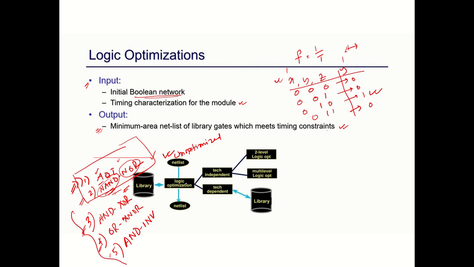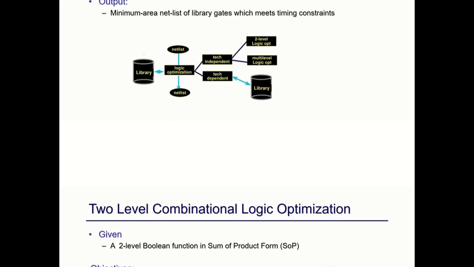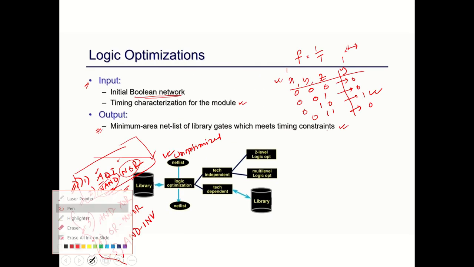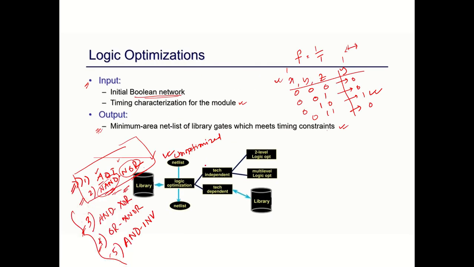So in this case, when we discuss logic optimization, I have already discussed that it is technology independent and technology dependent. In the technology independent method, we will discuss two level optimization and multi-level optimization. When we discuss technology dependent, we will go with the library based optimization method, that is the FPGA, then different LUTs, then CLB based design.